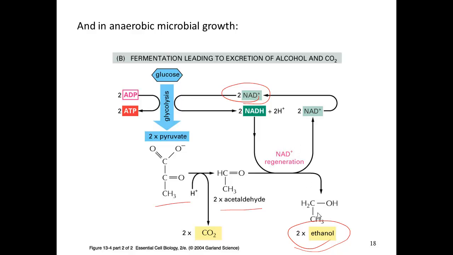The ethanol is excreted because in high concentrations ethanol is toxic to these organisms. But the good thing from their point of view is that you've regenerated NAD+, allowing you to continue to break glucose down to pyruvate, producing the only ATP you're going to make in the absence of oxygen.